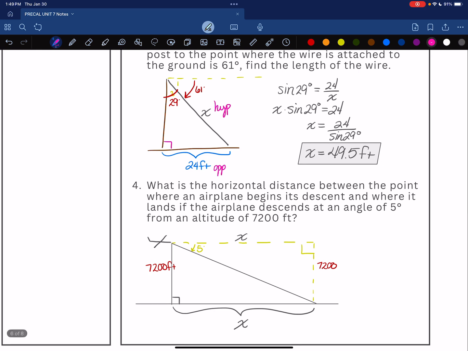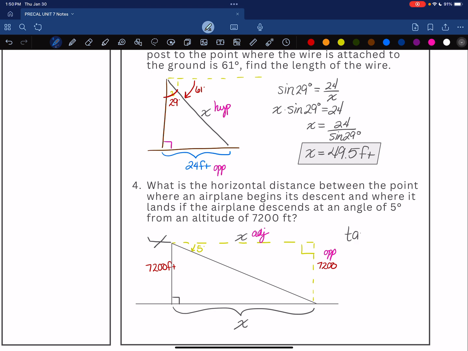The side that I've marked as 7,200 is the side opposite, and x is the adjacent. So when we relate those two, the trig function that we're going to need to use is which one, ladies and gents? That is tangent.